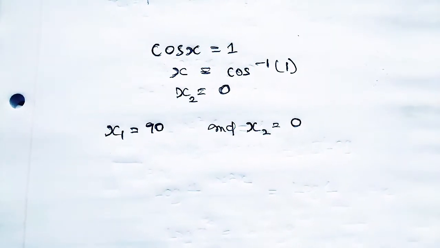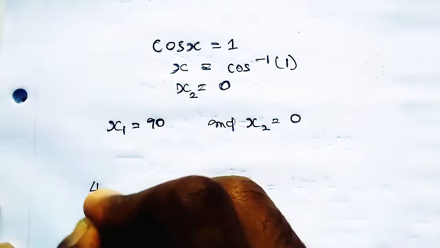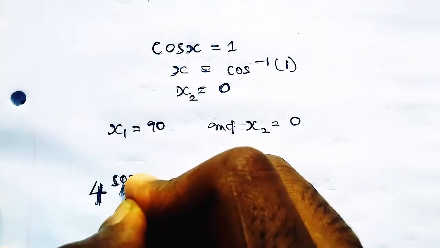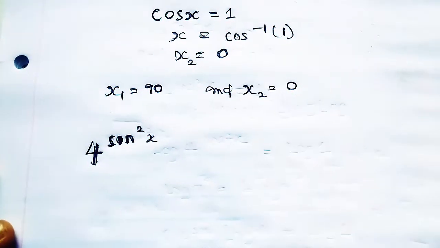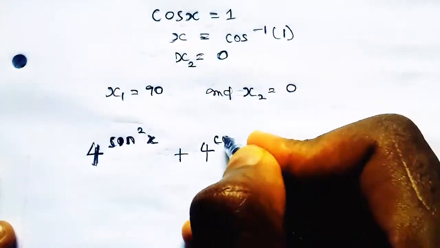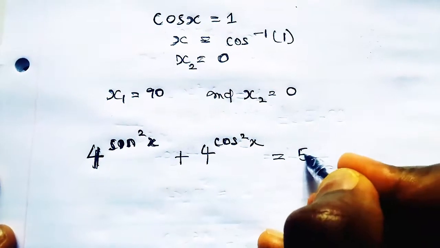So let's test if we actually get the value of 5. We all know that my original equation was 4 raised to power sine square x plus 4 cos square x equal to 5.